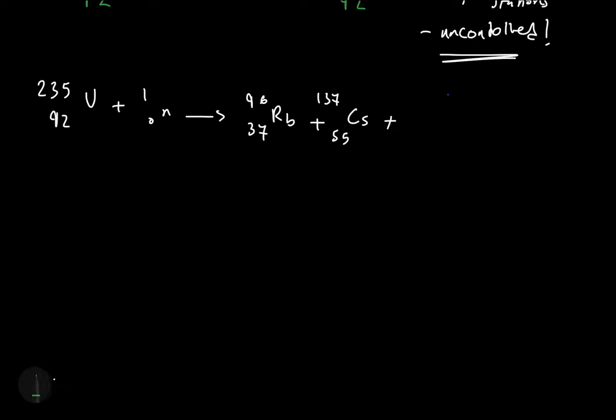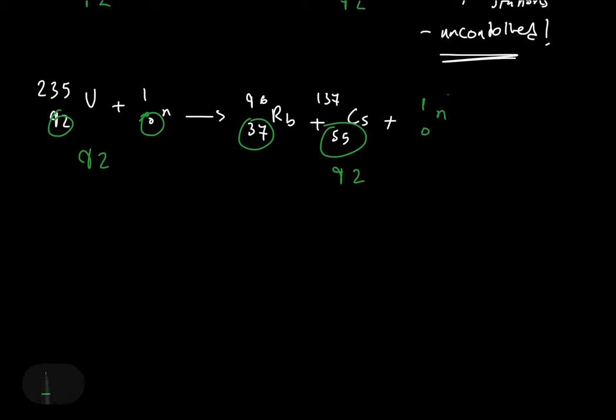Well, as you can see, the atomic numbers match. They're equal to 92. So it's not going to be a new element for sure. The only thing that we can come up with is a neutron, which has a mass number of 1, atomic number of 0. But how many neutrons exactly?